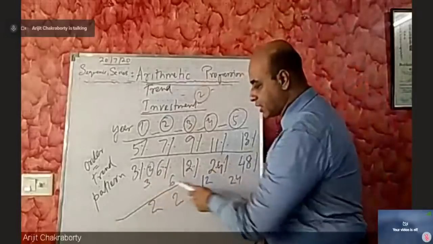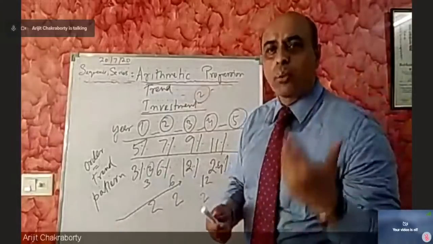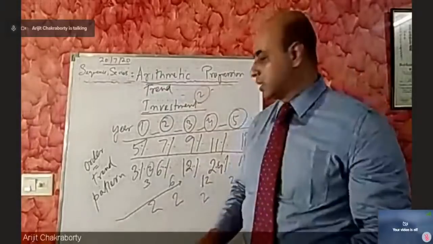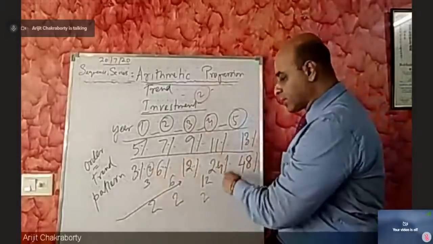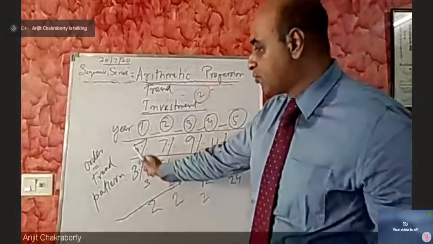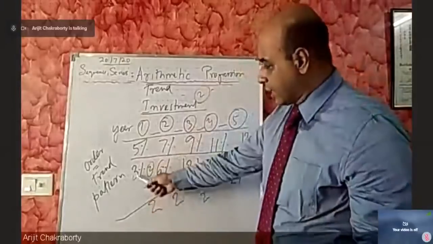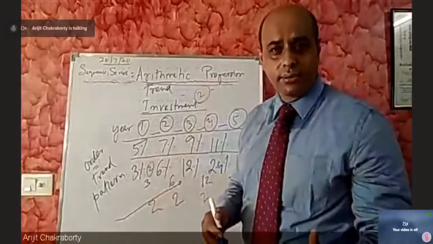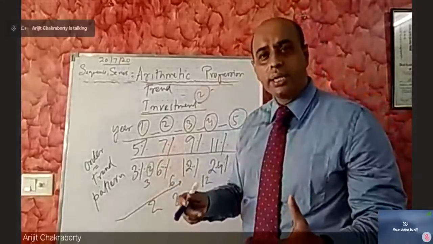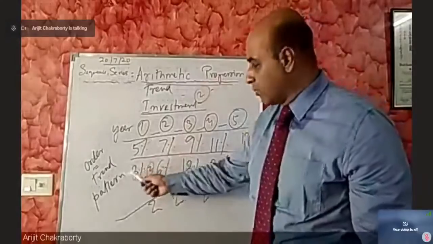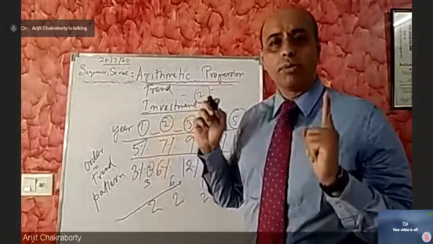So the second sequence is one where you are multiplying by 2. 3 into 2 gives 6, 6 into 2 gives 12, 12 into 2 gives 24. The first pattern is an arithmetic progression, and the second one is a geometric progression, because here the increase takes place in a geometric way, we are multiplying. There's a common ratio. In the first case, we call it a common difference.